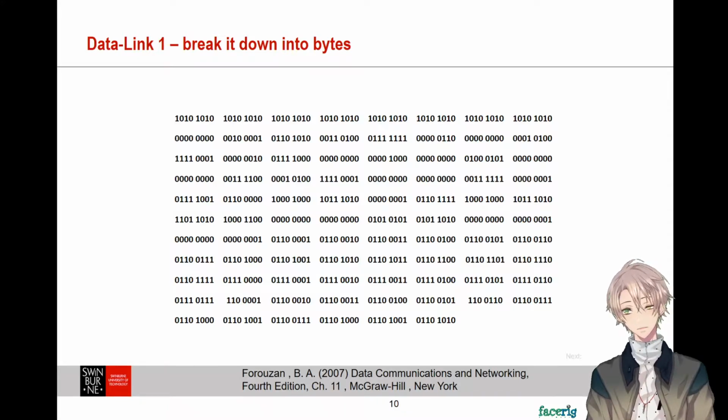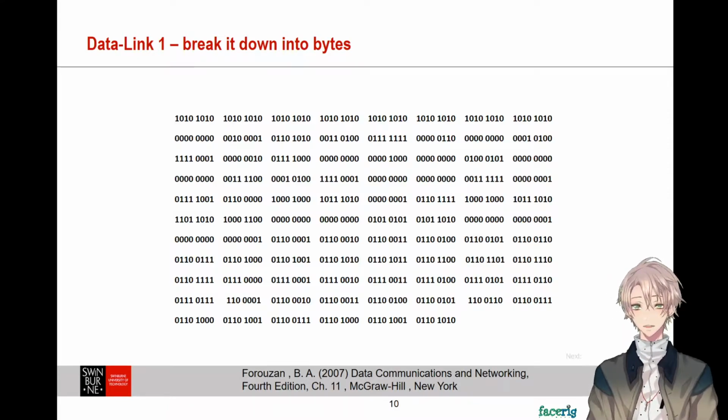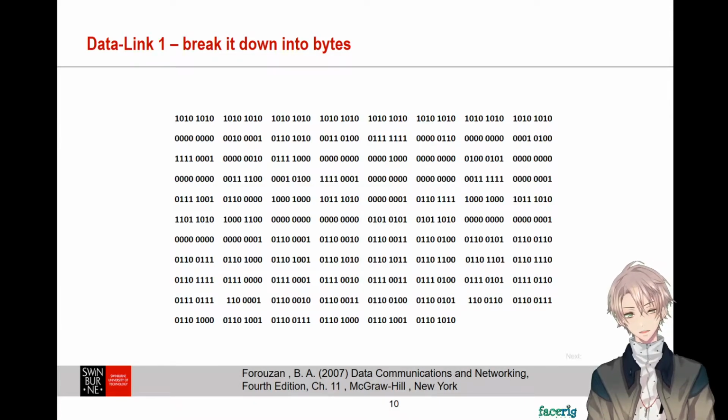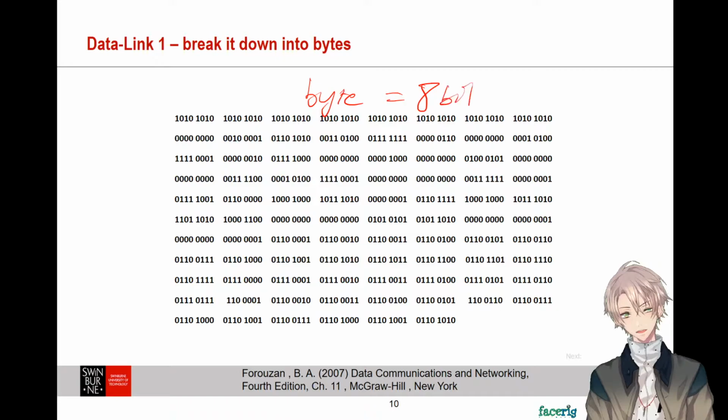The data link layer breaks all those numbers just now into bytes. A byte is equal to 8 bits. This 1, 0 is 2 bits, 3 bits, 4, 5, 6, 8 bits. 8 bits is a byte.